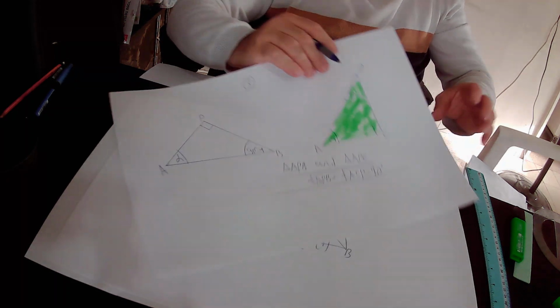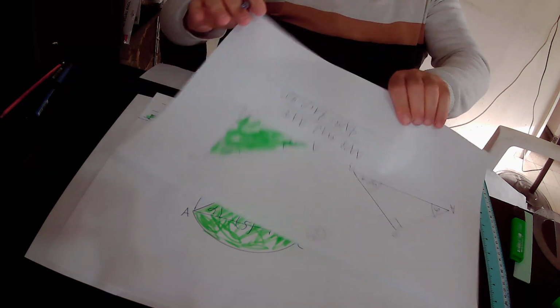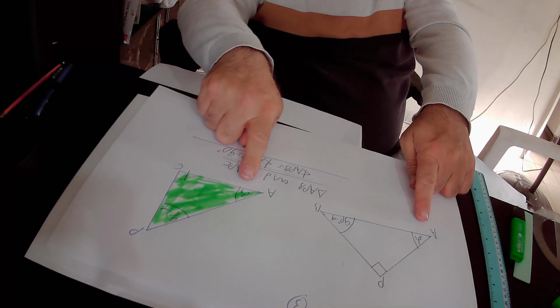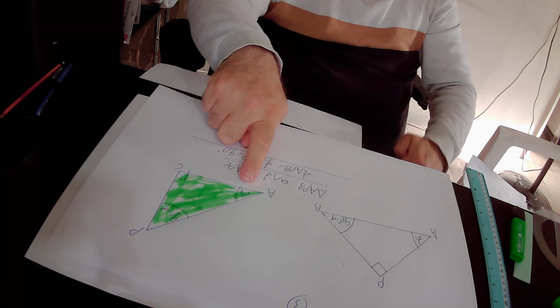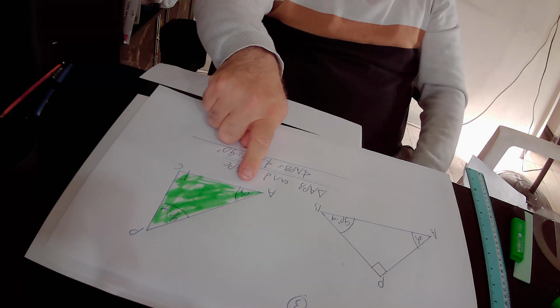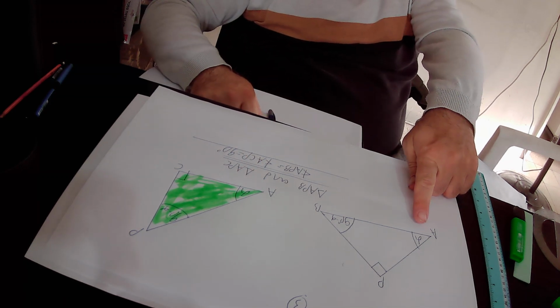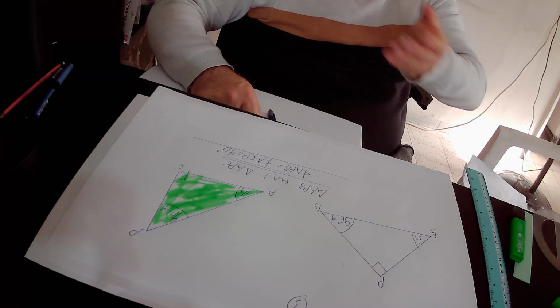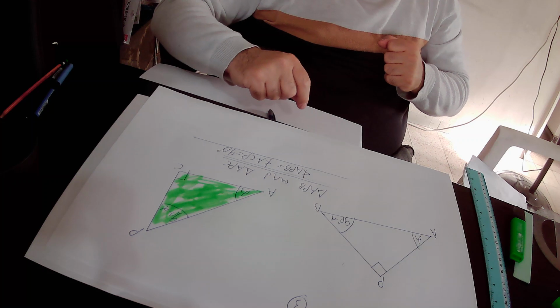In addition, this is angle alpha, that is a common angle, it belongs to both triangles. We have angle alpha here also. So angle alpha is a common angle that belongs to both triangles, so we can write down that angle alpha equals itself.